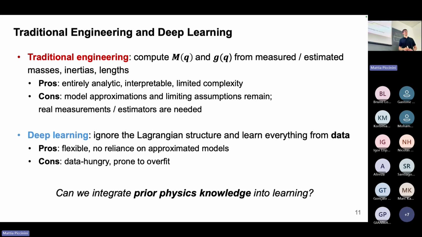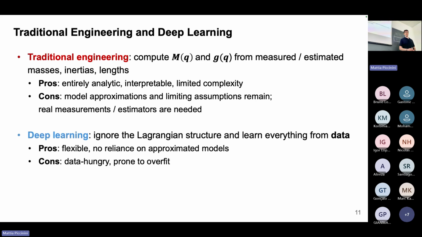ChatGPT was trained using thousands of gigabytes from the internet, plenty of data to train that model. But here we are talking about robots, something working in real life, so it's not easy to get so much data to generalize.